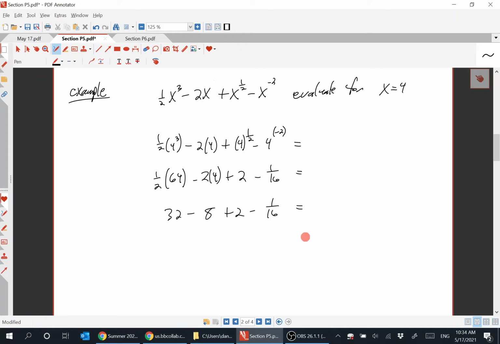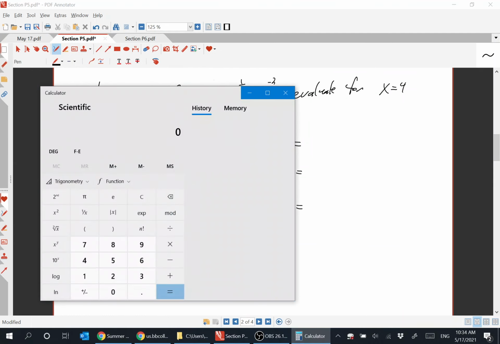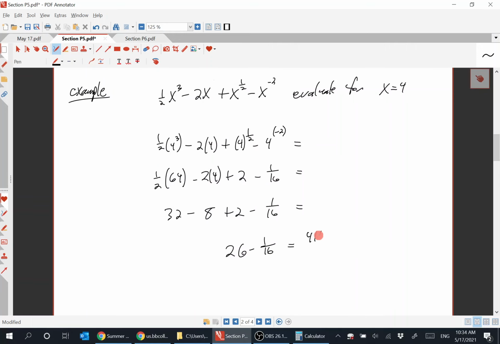Then you do addition and subtraction. So this becomes 34 minus 8, 26 minus 1/16, which is 26 times 16, 416, so 415 over 16. All right, so that's the order in which it's evaluated.